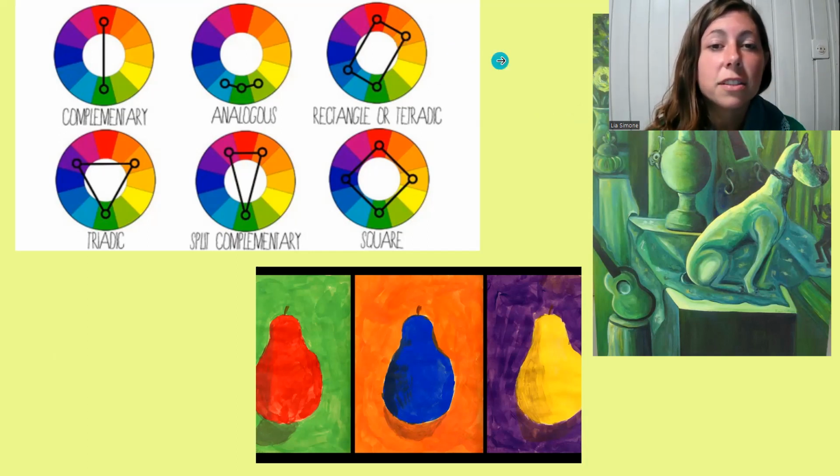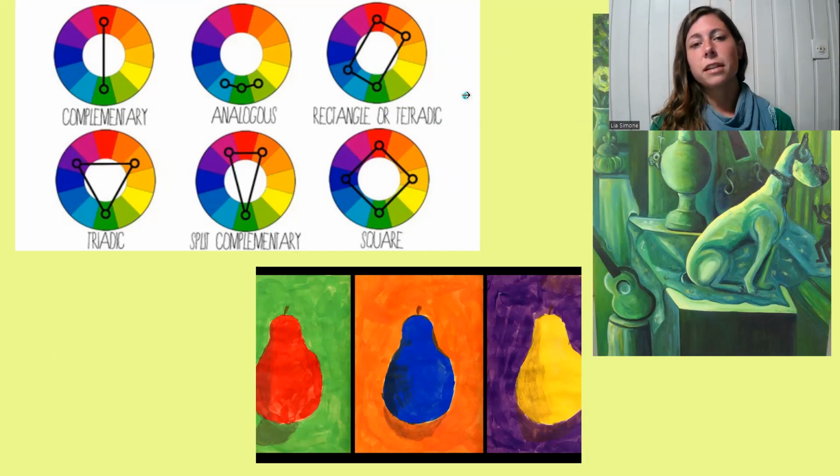Just to touch on this topic, these other ones that you see, these triangle patterns and these square patterns, are also different combinations of colors that you can select when you're making your painting, or drawing, or whatever it is.